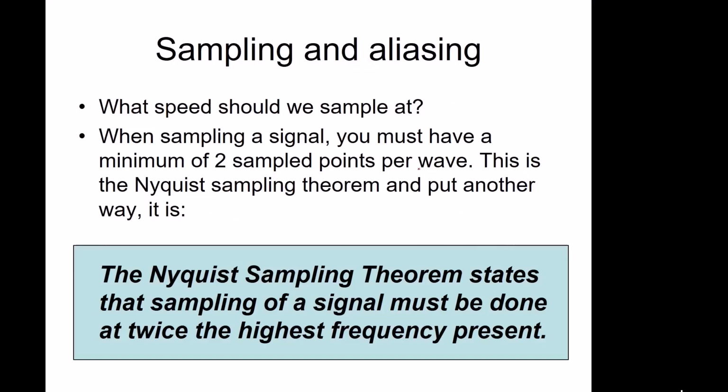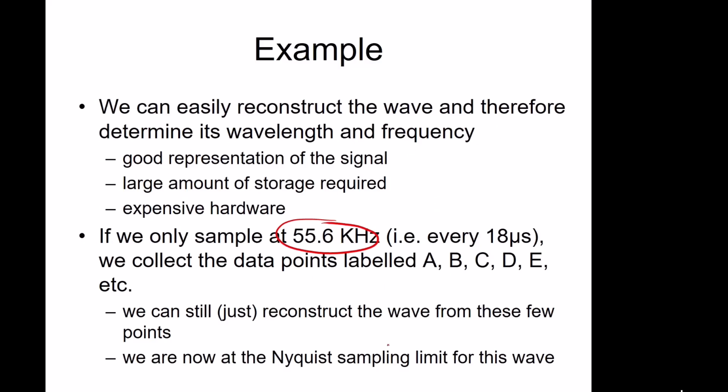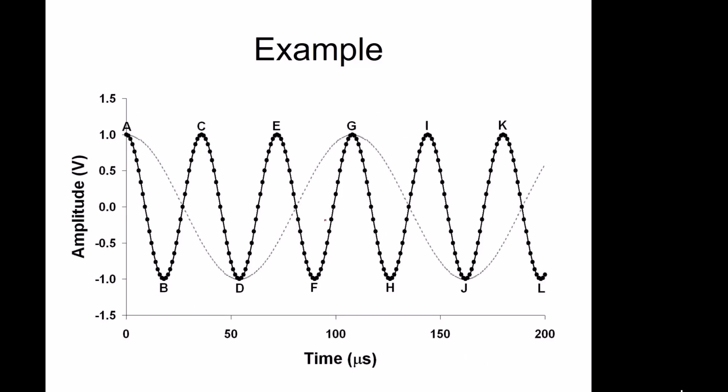Our Nyquist says you must sample the signal at twice this frequency, and therefore we're at the Nyquist limit if we're sampling at 55.6. If we do that, we take a measurement here, a measurement here, a measurement here, here, etc. So we still can reconstruct the wave from that, but only just.